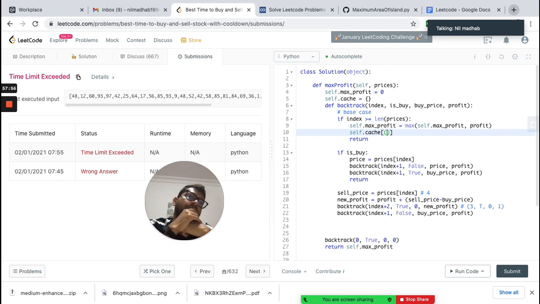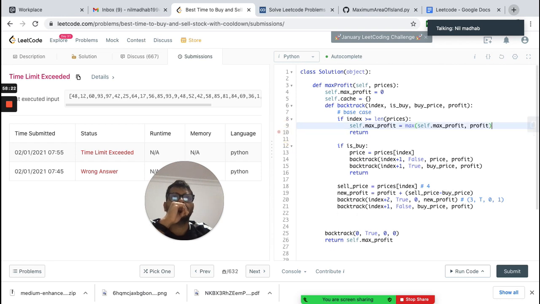How would we cache it? Because we are doing backtracking, I don't think we can do caching, since we are not getting the value from there, and we have this profit which will keep changing. So I think caching is not a good solution. Is there any subproblem that we are solving repeatedly? I think we are solving this one repeatedly, right?